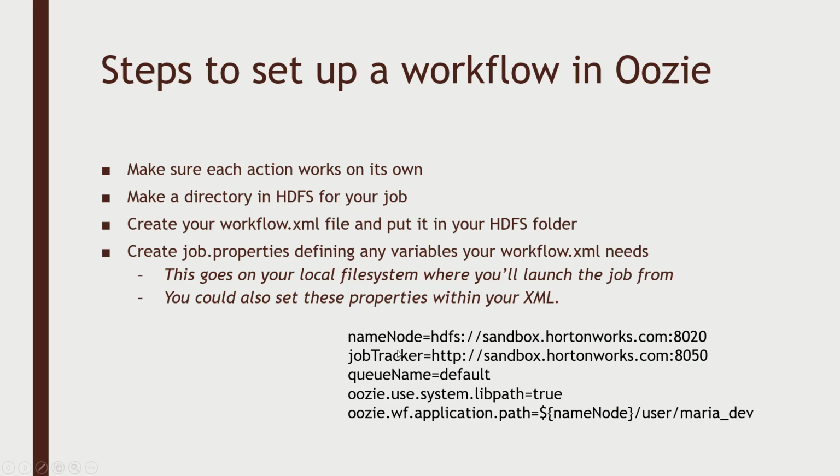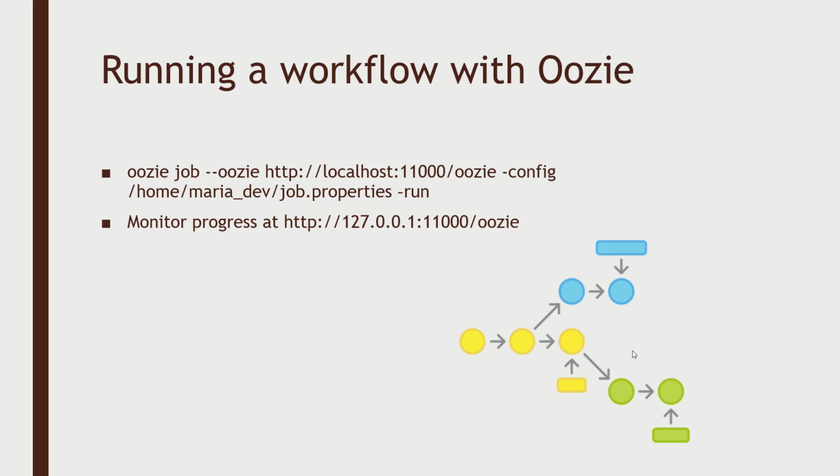So by doing that, we can refer to $nameNode and $jobTracker, for example, within our workflow.xml file, and if the specifics of how this particular cluster is administered and what ports things run on change, that's easy to take care of without going through your workflow.xml file and looking for every place that that's referenced.